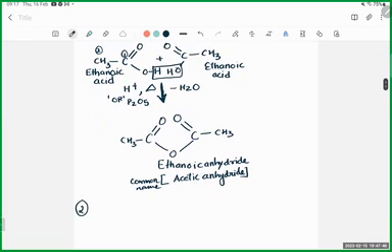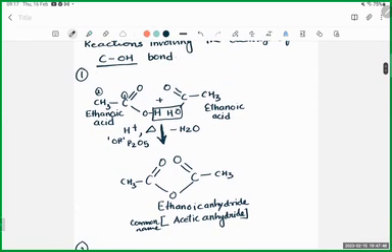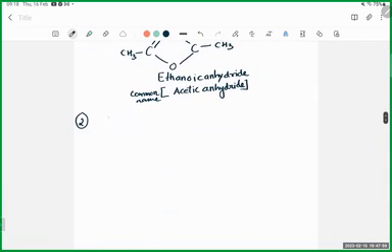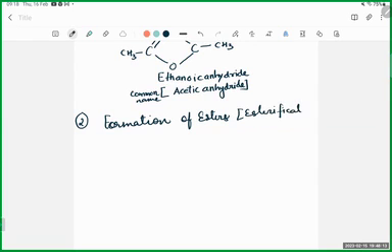The second reaction is the formation of esters from carboxylic acid. This is a well-known reaction, called esterification. A carboxylic acid in the presence of an alcohol gives a compound, what do you call that?